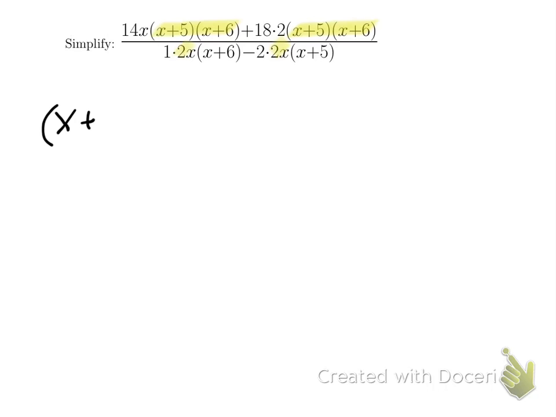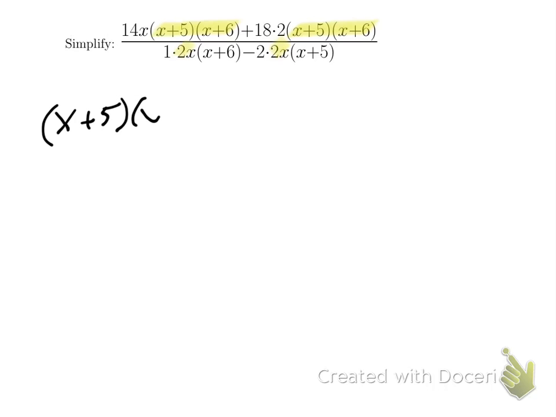So as I look at that, I notice that on the top, if that plus sign in the middle is separating out the left side, 14x, x plus 5, x plus 6, from the right side, 36, x plus 5, x plus 6, then x plus 5 and x plus 6 are common to both of those terms. So that's what I'm going to do.